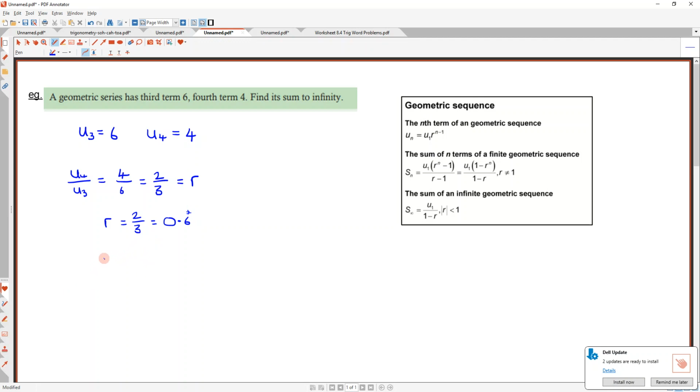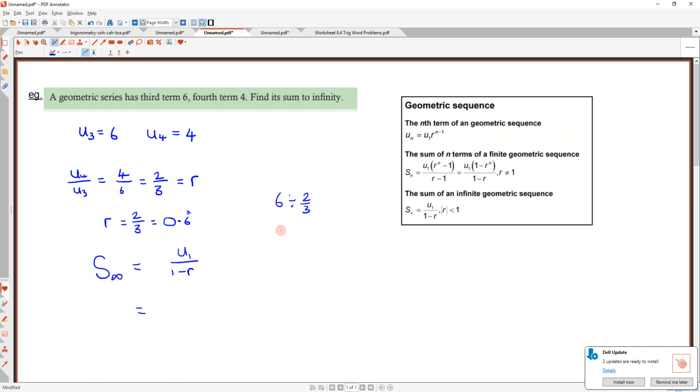Alright, so we have to find the sum to infinity. You're given the formula: U1 over 1 minus r. We don't know what U1 is, so how do you find that? Right, 6 divided by r.